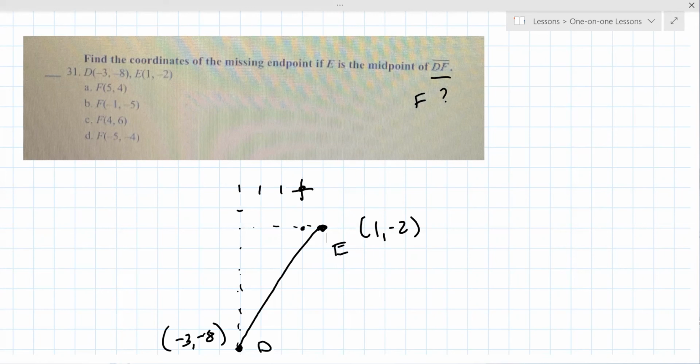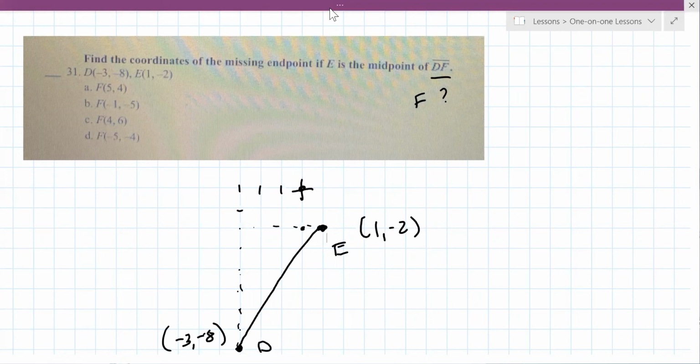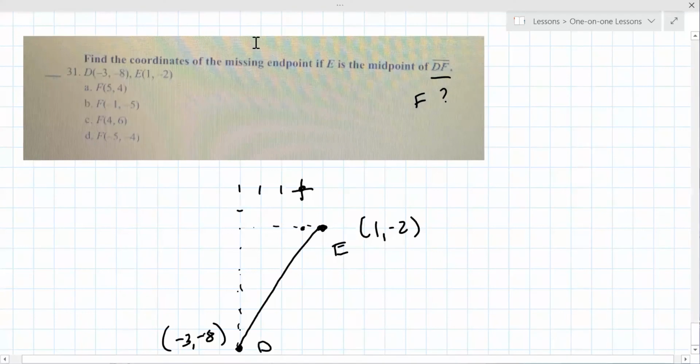Hello? Hey, Julia, are you there with me? Yeah, I just got disconnected for a second. Okay. Let me know when you can see my screen again.